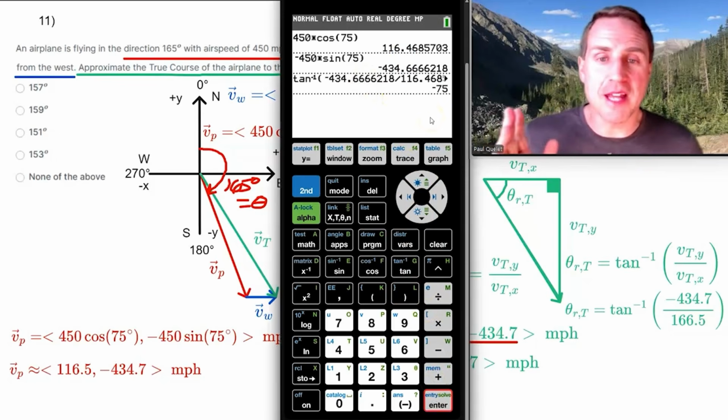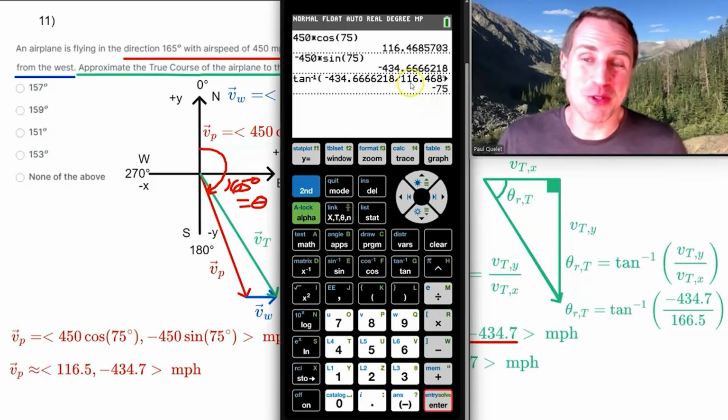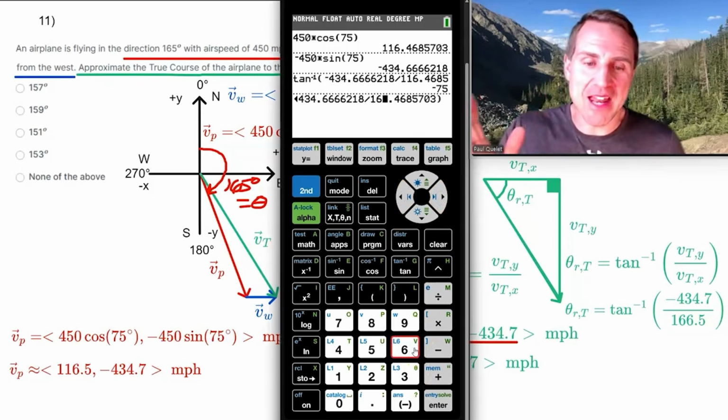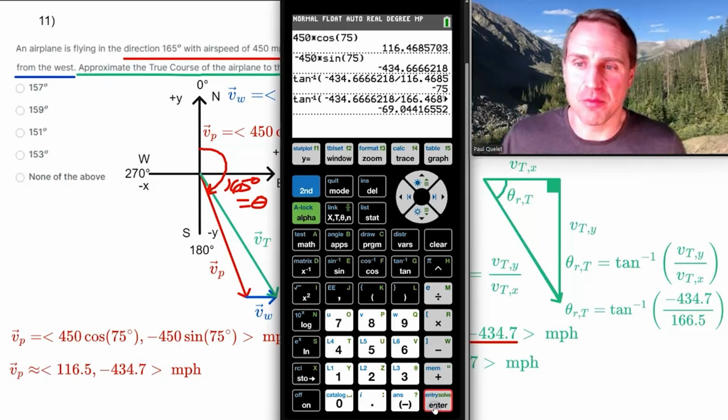Oh, and then notice I get negative 75, so I shouldn't actually be using 116.5 in the denominator, should I? I should actually be using 166.5, because remember, in the denominator, we added 50 to the x component, so we're going to get a different angle. So you get about negative 69 degrees.